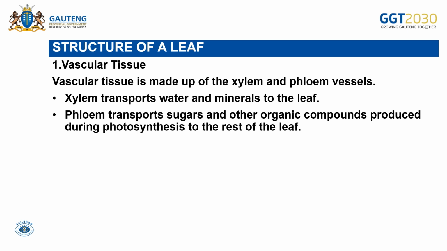The function of the xylem is to transport water and mineral salts to the leaf. And the phloem transports sugars and other organic compounds produced during photosynthesis to the rest of the plant.